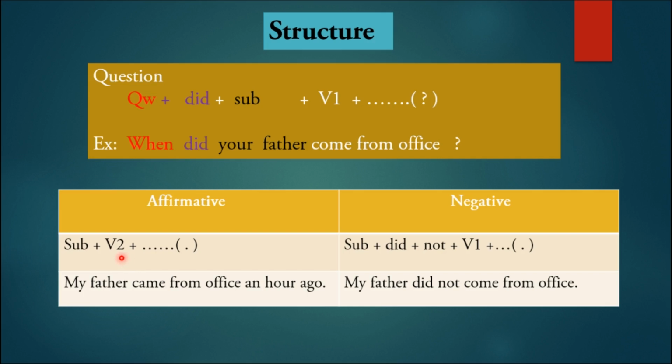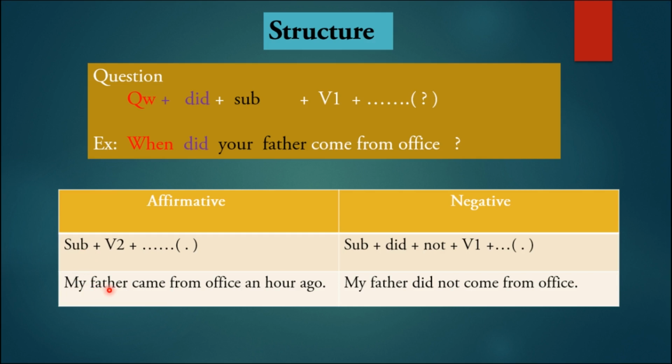Children, it's very important to know V2, past form of the verb, is only used in simple past tense. No other tense consists of V2 except the simple past tense. I hope you understand.